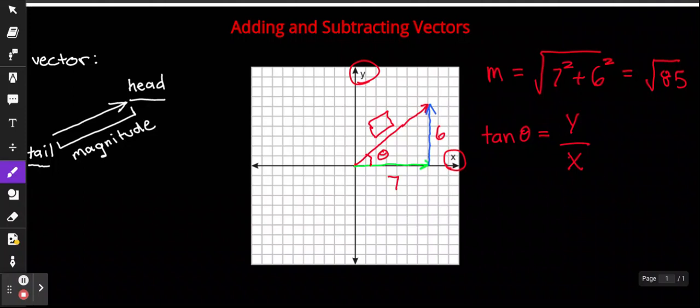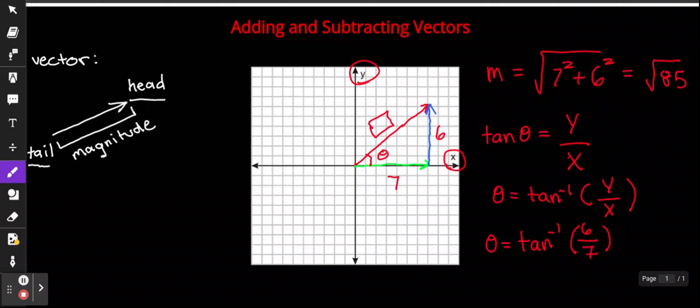And we want to isolate theta. So theta will be tan inverse of our y divided by x component. So in this example, theta against the horizontal is going to be tan inverse of 6 divided by 7.